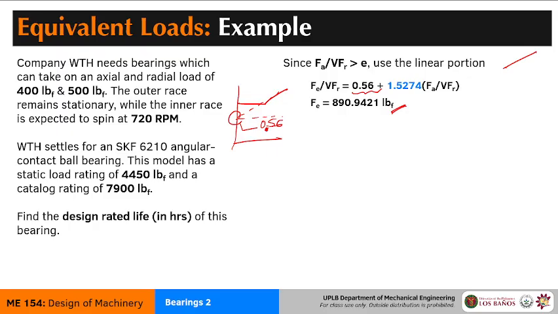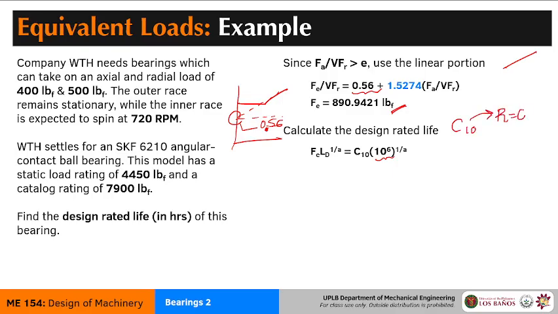Okay, so what's next? We try to find out what is the design rated life of our bearing. So this is the load line equation. Whoa, why is this 10 to the 6? Remember, C10 is paired with the reliability of 0.9. And normally, manufacturers design C10 with 90% reliability for a life of L10 or 10 to the 6.